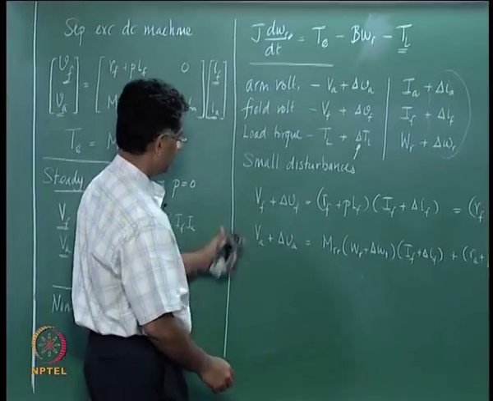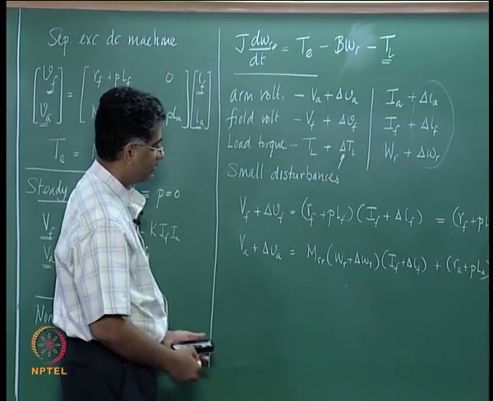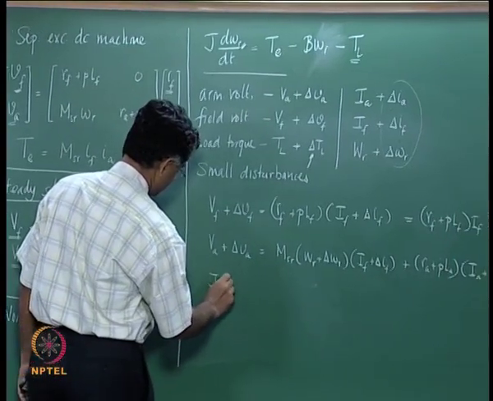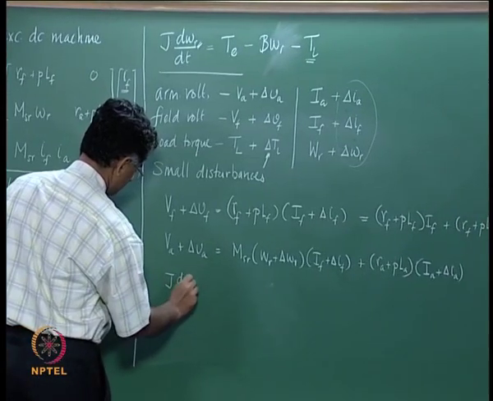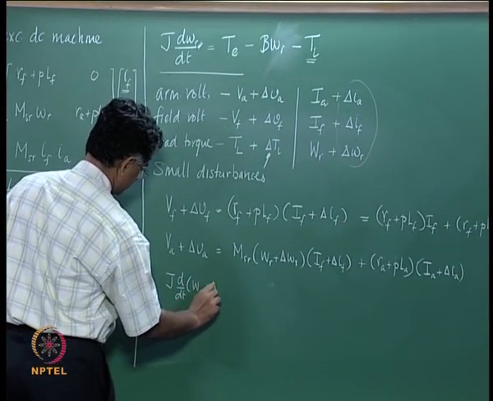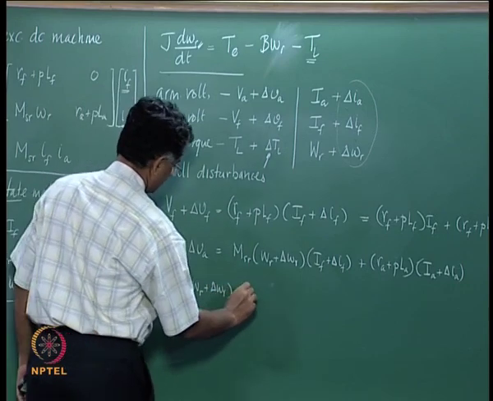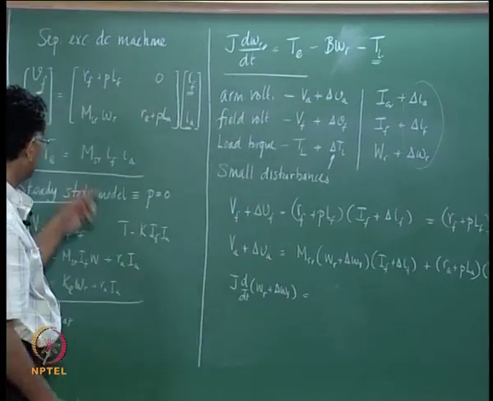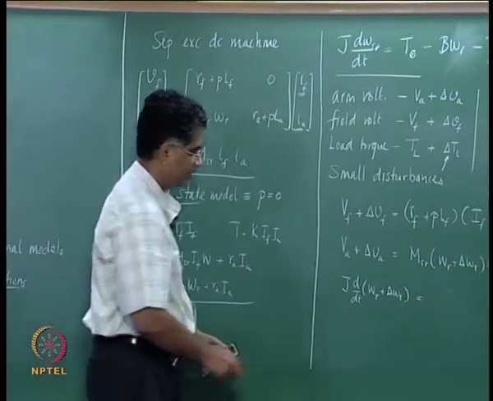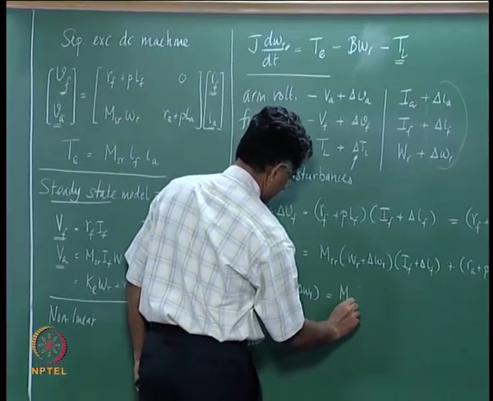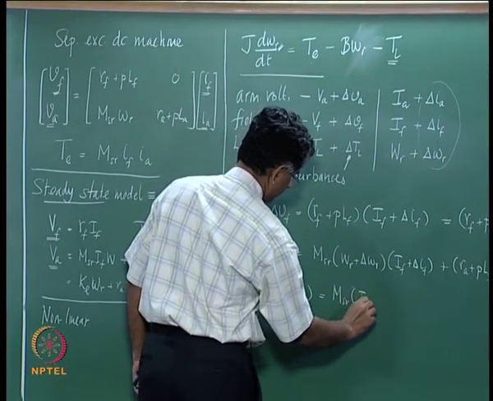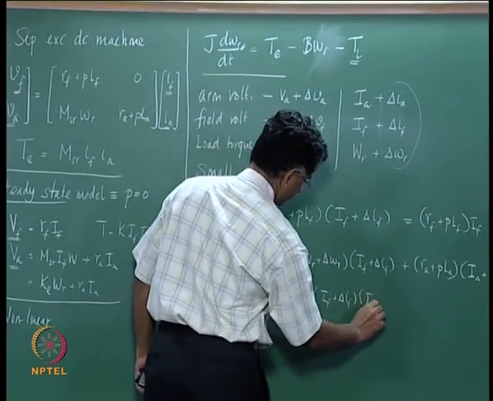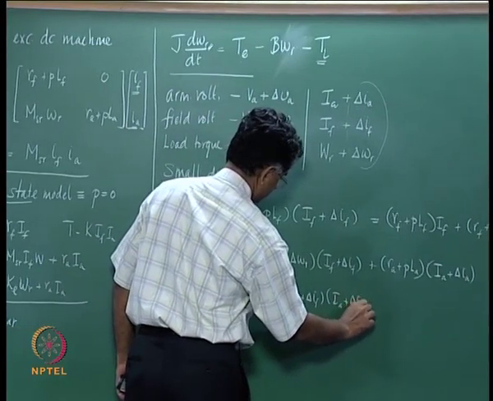Now, these are the electrical system equations. Along with this, you need to look at the mechanical equation, and there you have J times d by dt of omega r plus delta omega r is equal to Te, and Te is MSR into If times Ia, and therefore this is MSR into If plus delta If multiplied by Ia plus delta Ia.